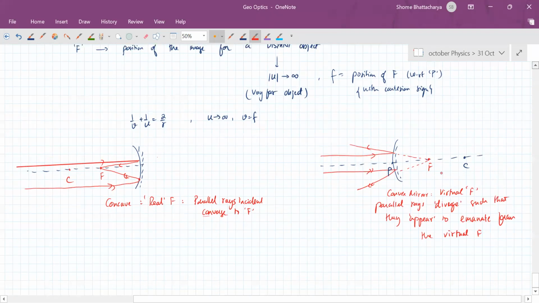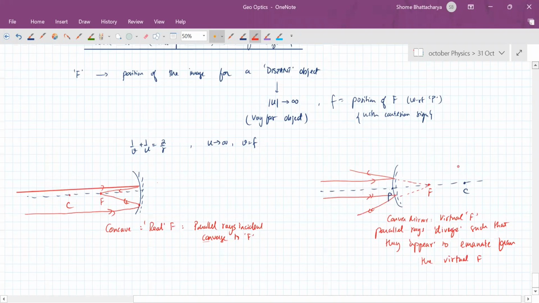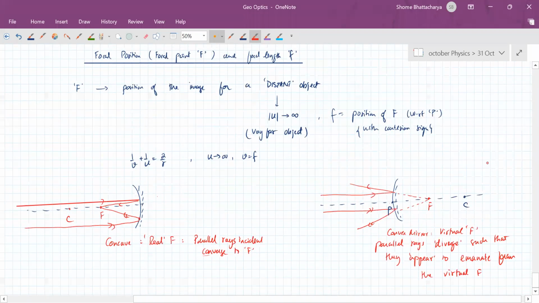So f is equal to R by 2 implies that the distance PF is half of the distance PC here. But here f will be a negative quantity with our sign convention. Here f will be a positive quantity with our sign convention.